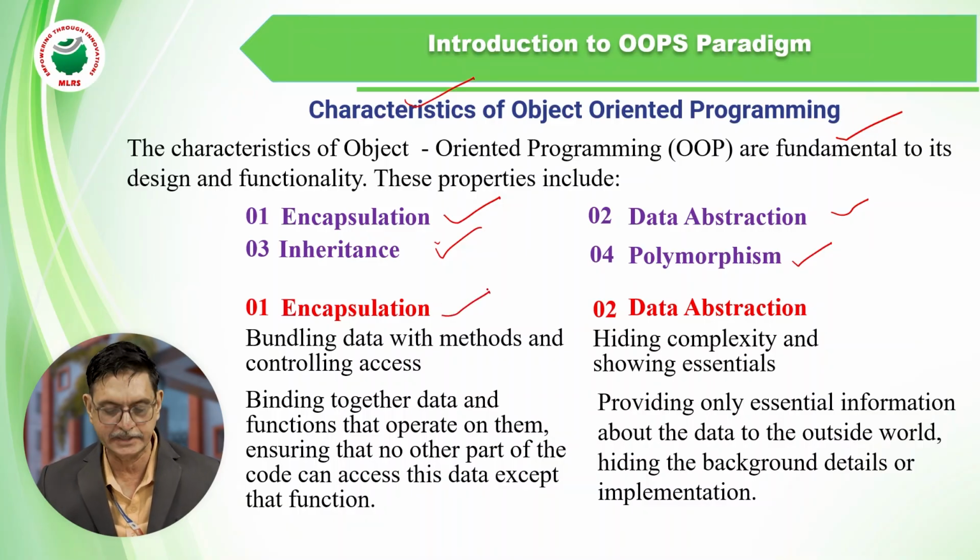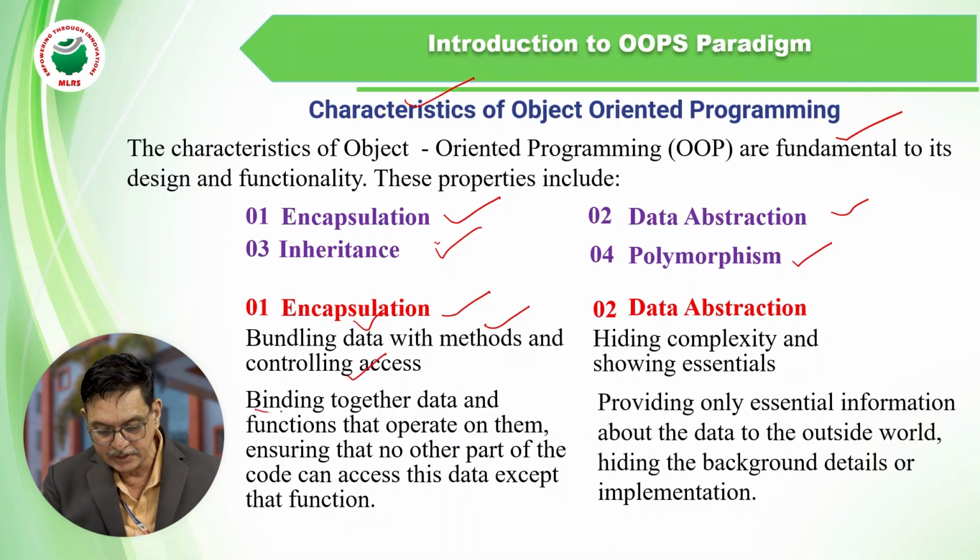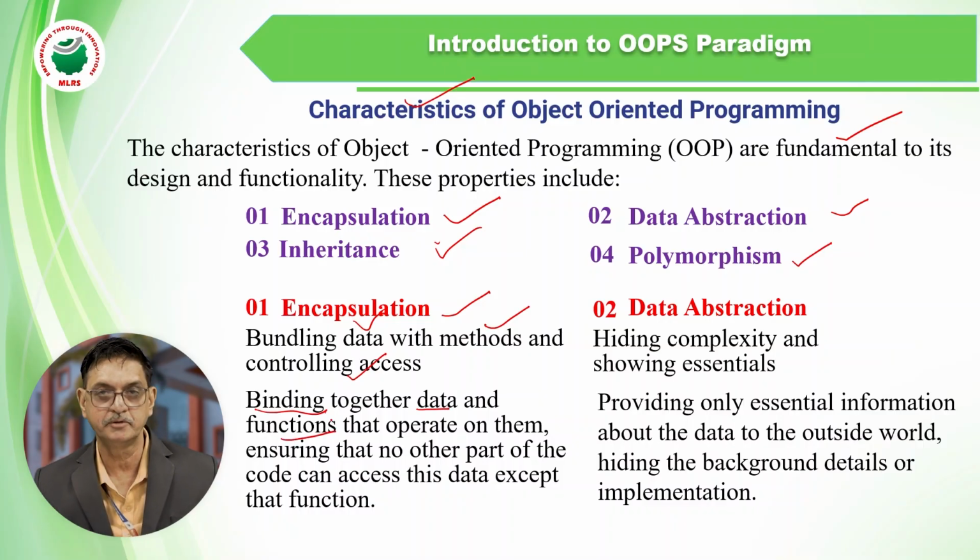What is the meaning of the encapsulation characteristic of OOPs? It is building data with methods and controlling access. We are binding the data and functions together so that functions can operate on the data.